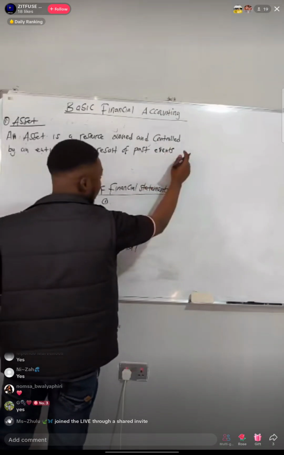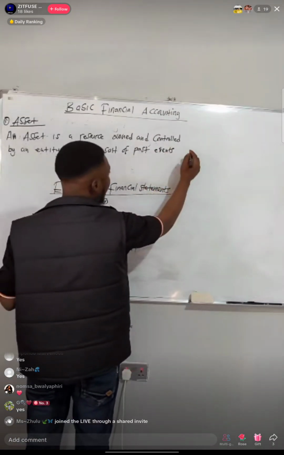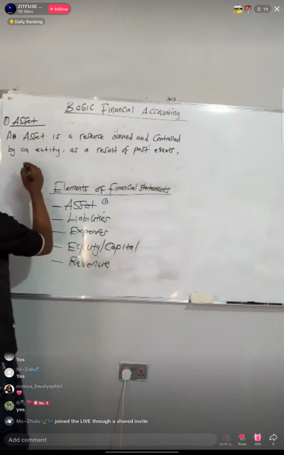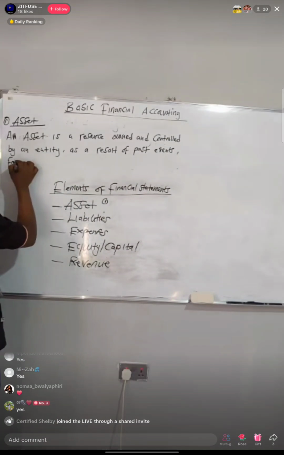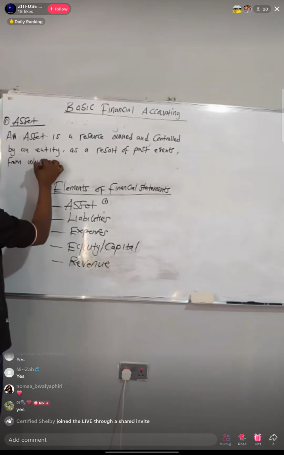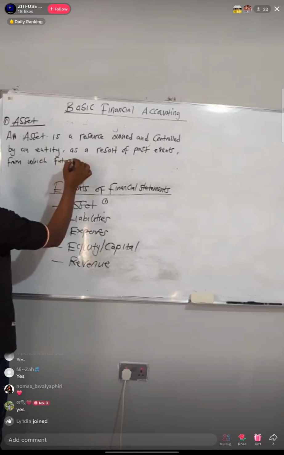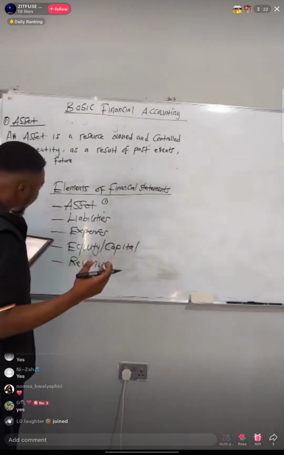Okay, so I think I can still write there: as a result of past events, from which future economic benefit is expected to be derived from an entity.